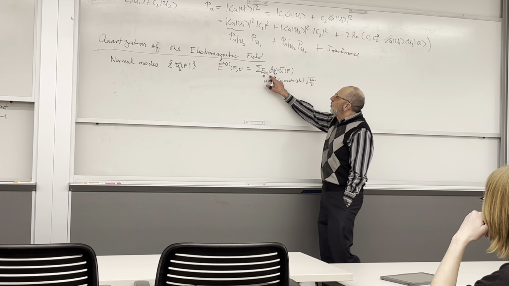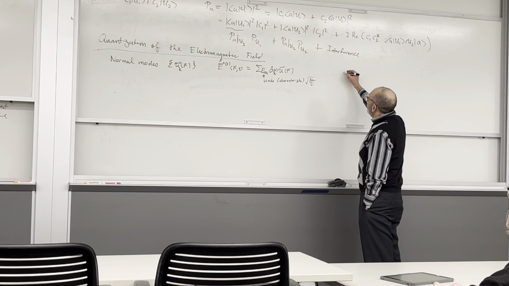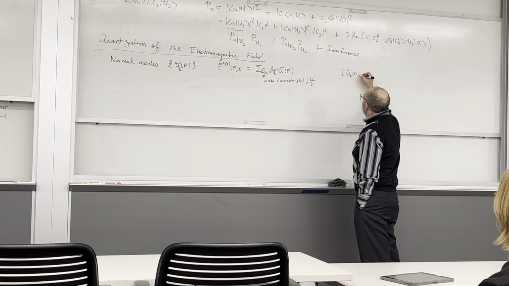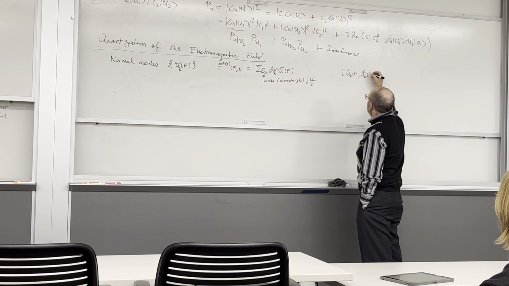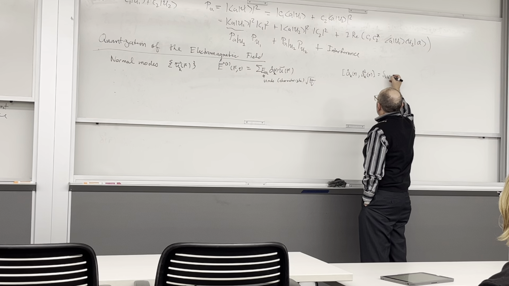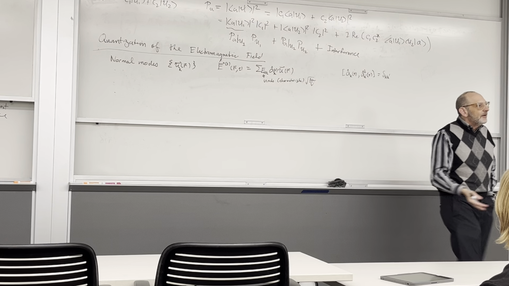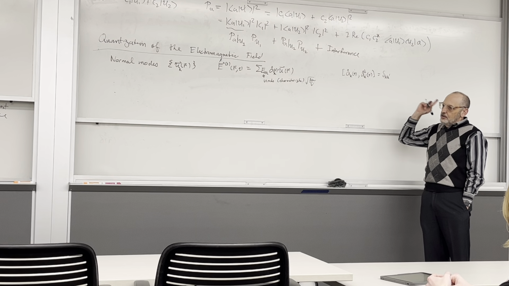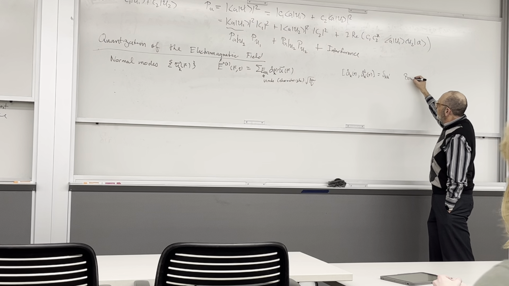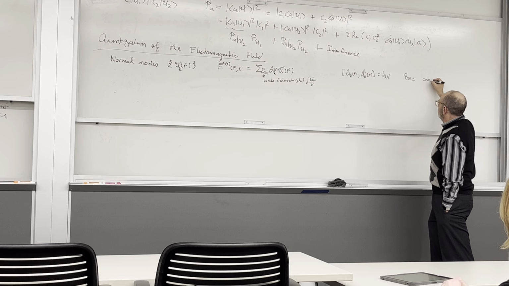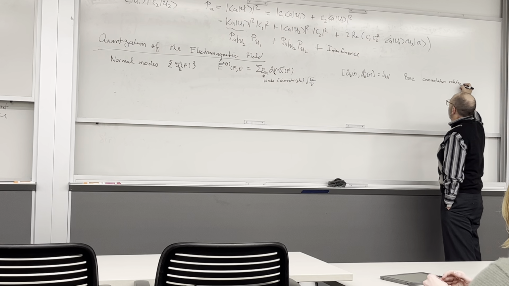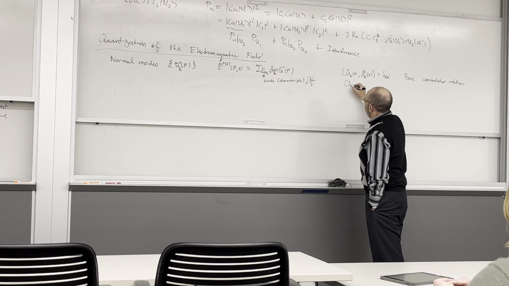What's important here is that we have these equal time commutation relations: the A's all commute with themselves, the A daggers all commute with themselves, but the A's and A daggers for the same mode don't commute. And these are the Bose commutation relations.